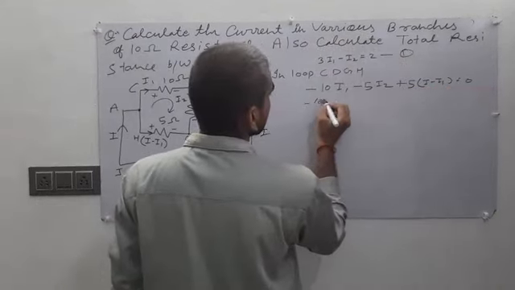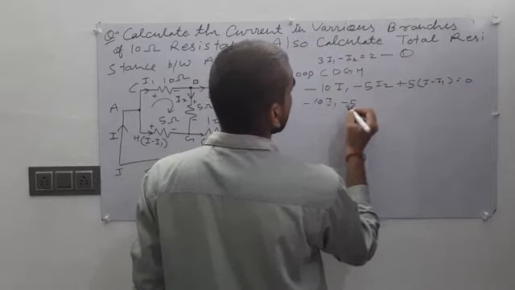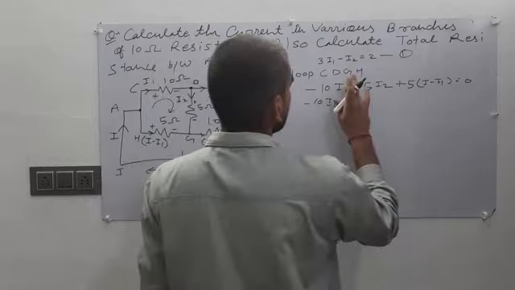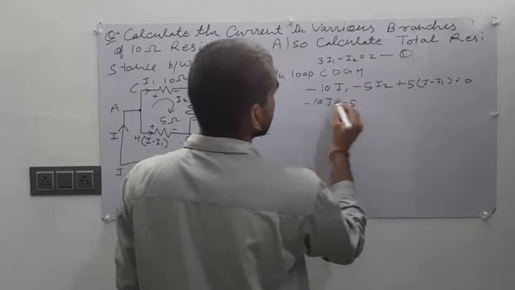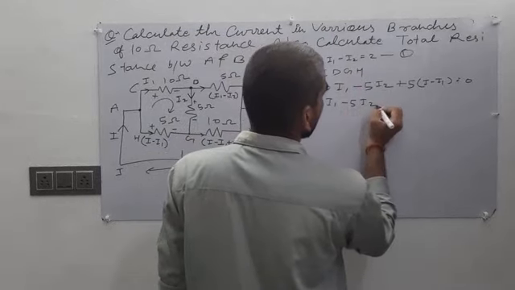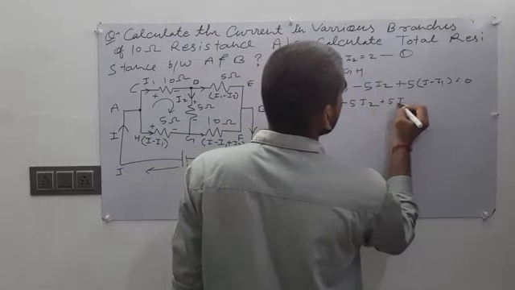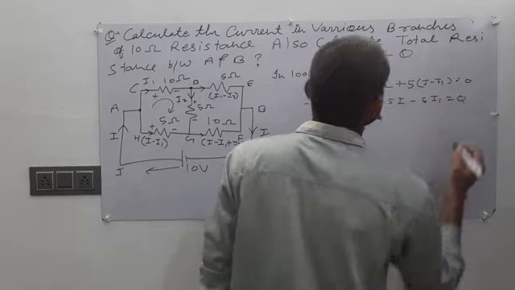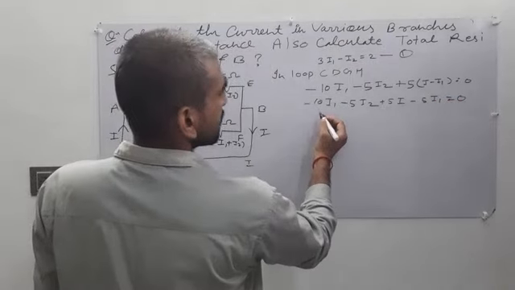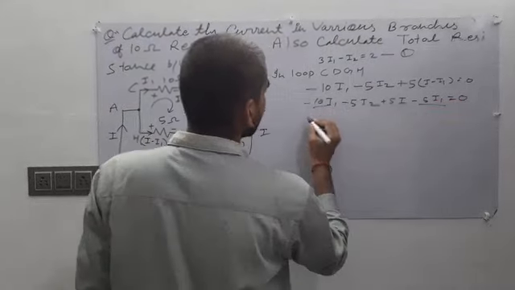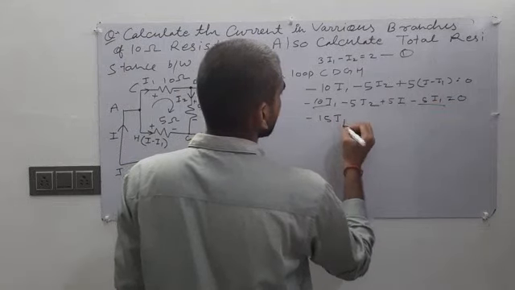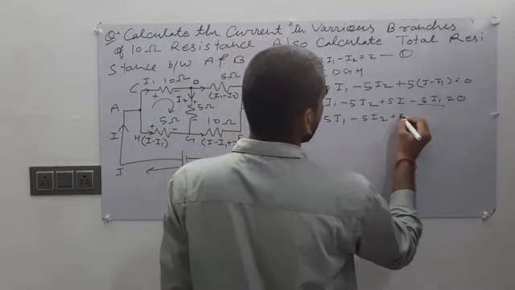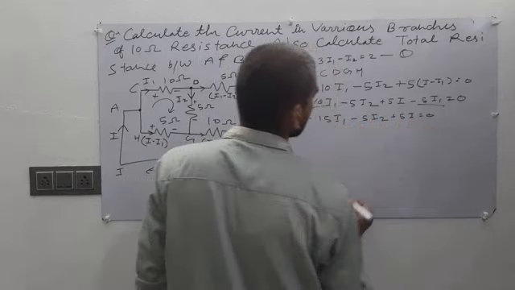That means minus 10 I1 minus 5 I2 plus 5I minus 5 I1 equals 0. This and this will make minus 15 I1 minus 5 I2 plus 5I equals 0.